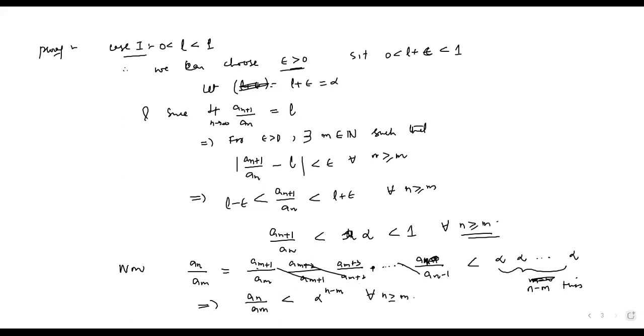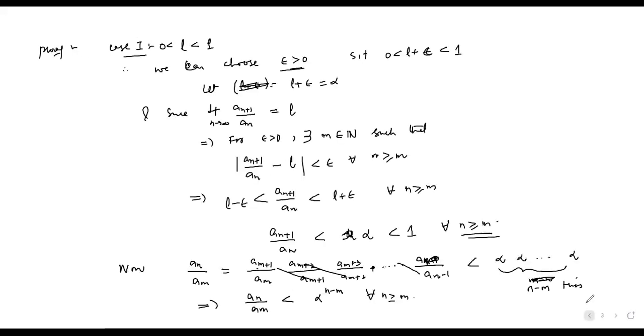So we are almost done, and alpha is less than 1. So it implies that a_n is less than a_m times alpha raised to power n divided by alpha raised to power m. So a_n is less than a_m divided by alpha^m into alpha raised to power n, for all n greater than or equal to m.